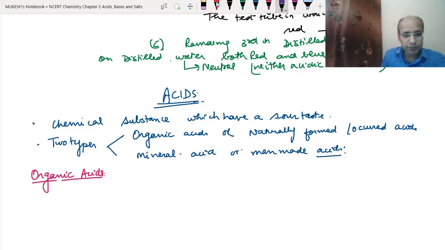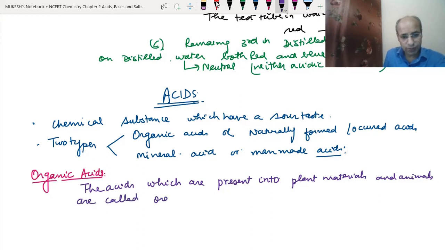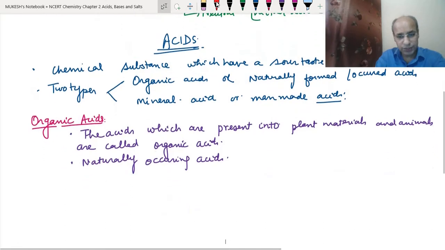We can write that the acids which are present in plant materials and animals are called organic acids. Clear? So they are basically naturally formed or naturally occurring acids, as we have discussed above. We can take different examples of these acids.